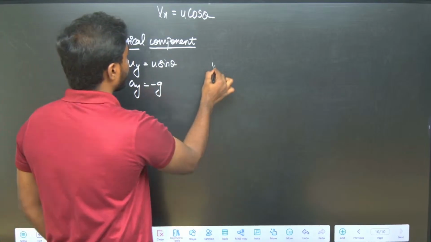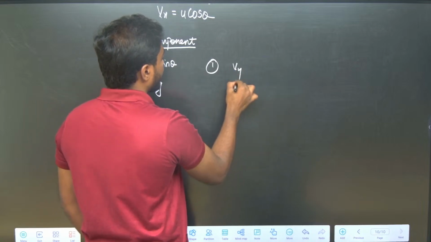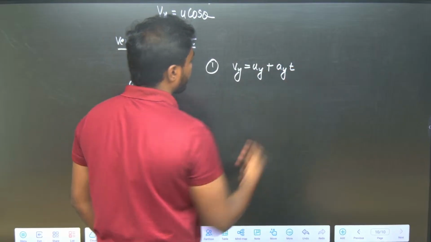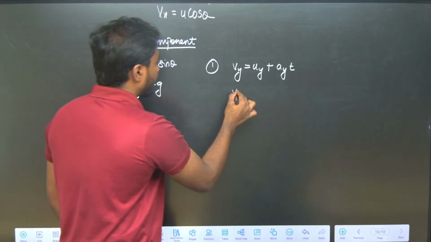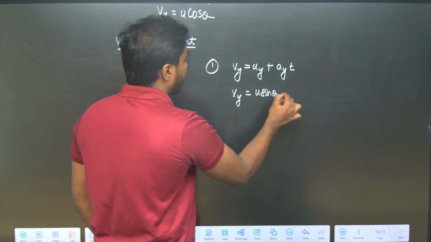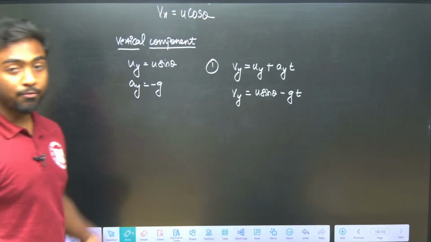First equation, v is equal to u plus at, that is vy is equal to uy plus ay t. So what is vy? I need to find. vy is u sin theta minus g into t. That is for the first one.